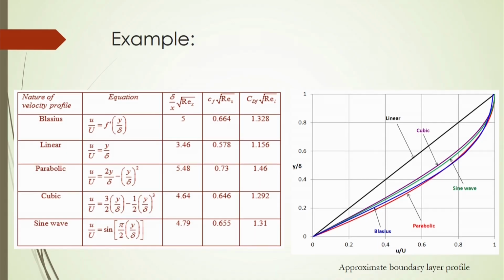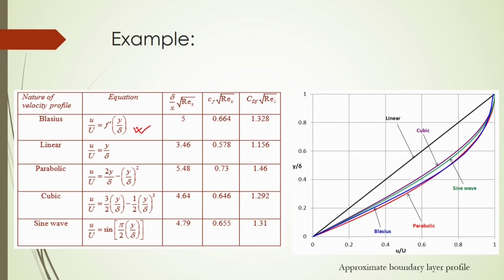Now, some examples of the local drag coefficient, the mean drag coefficient, and the boundary layer thickness, based on different boundary layer profiles. If we consider the Blasius profile, u by u infinity equals f dash of y by delta, and based on this delta equals 5 into x divided by root over Rex.